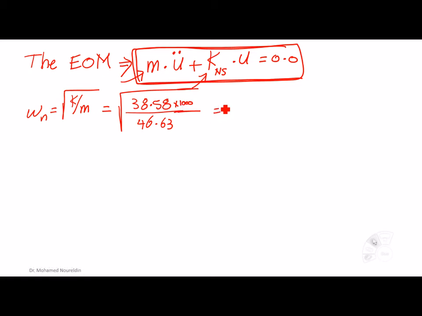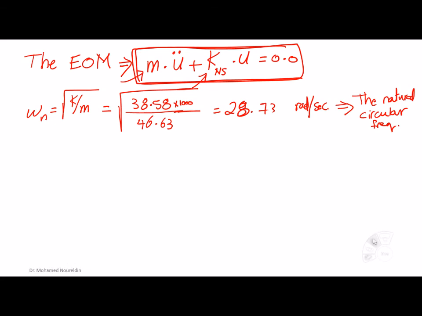And then we're going to find that it equals 28.73, and this is going to be in rad per second. Okay, this is what we call the natural circular frequency.